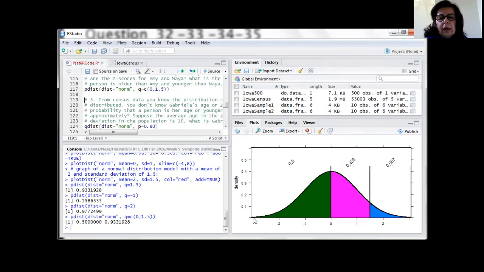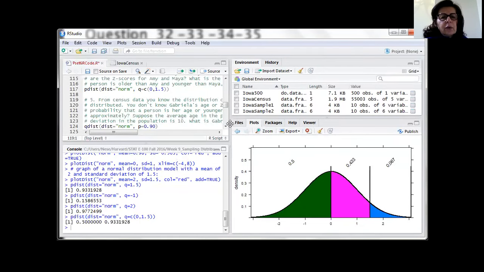So if we subtract the proportion of people who are younger than Amy from the proportion of people who are younger than Maya, the interval is going to give us the people who are older than Amy and younger than Maya, which is 0.43.